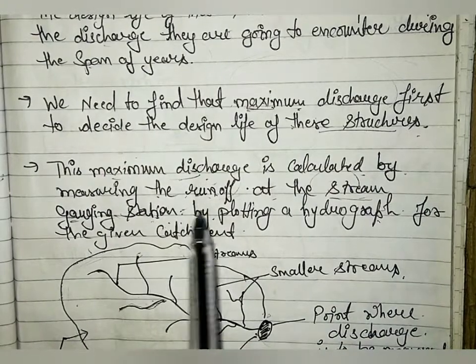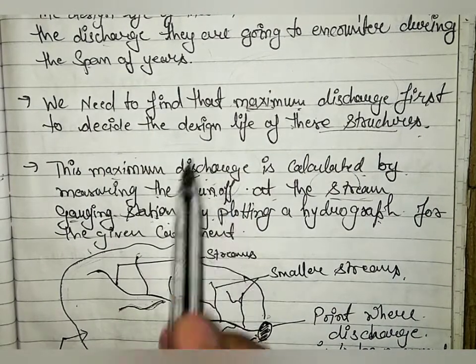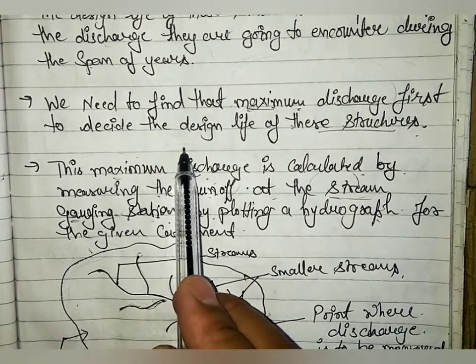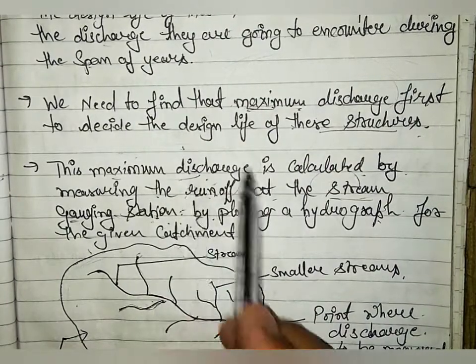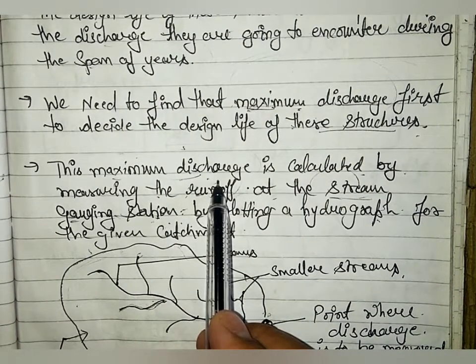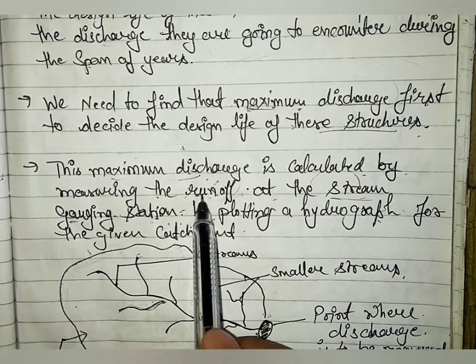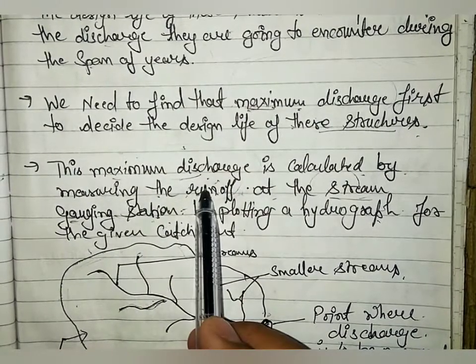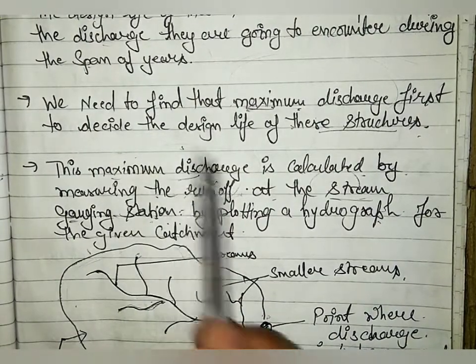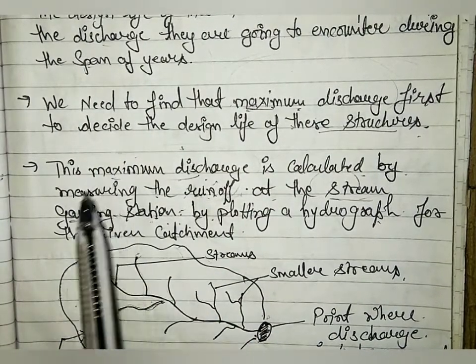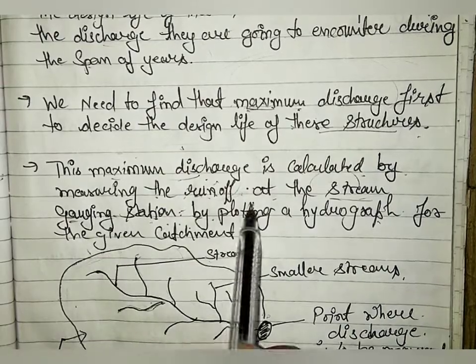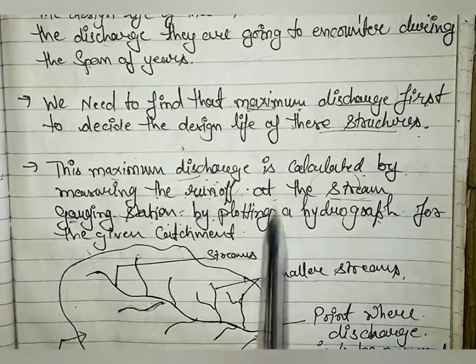This is the main function: when we measure the runoff, we calculate the maximum discharge, by plotting a hydrograph for the given catchment.